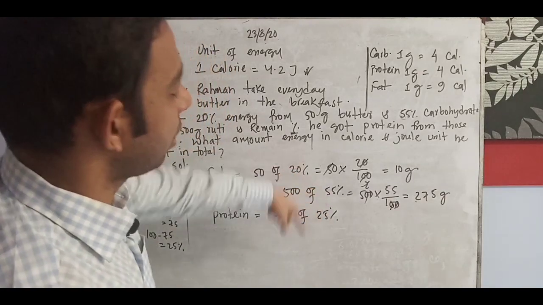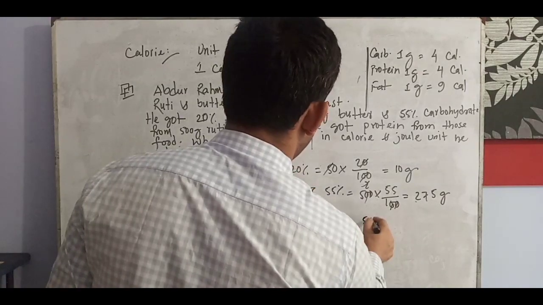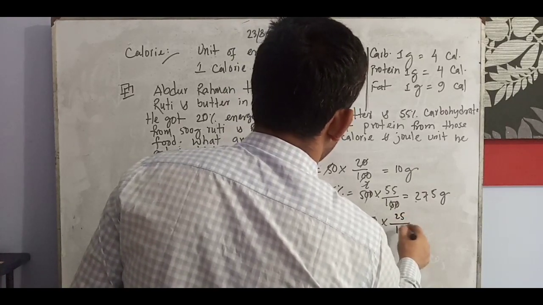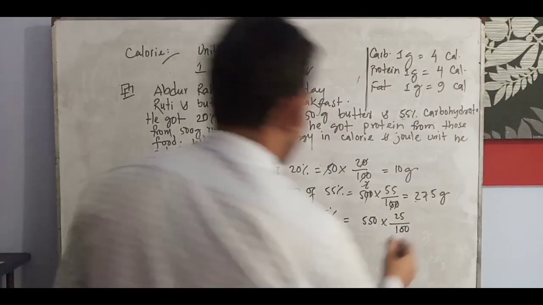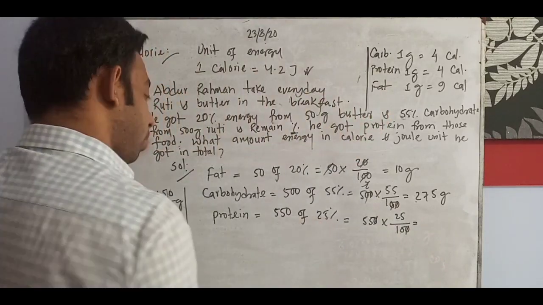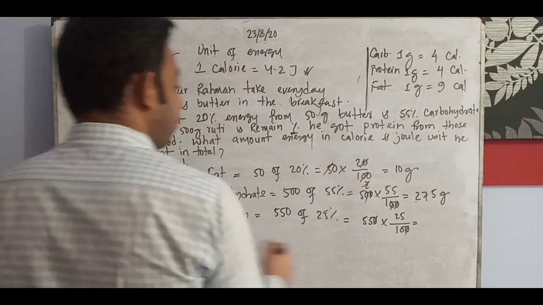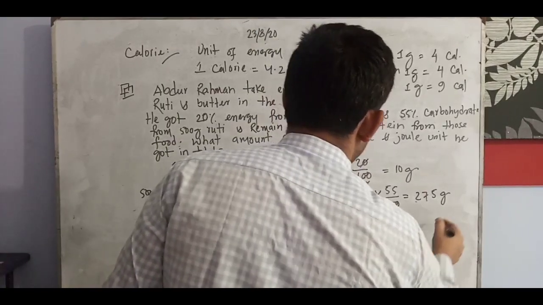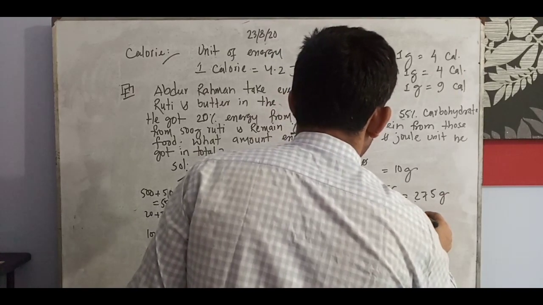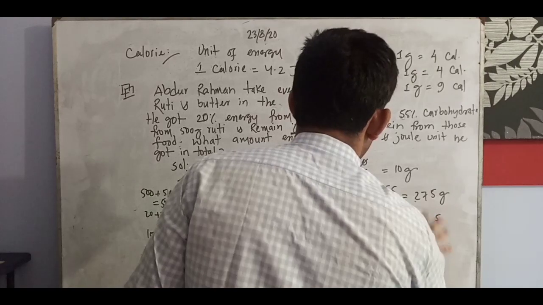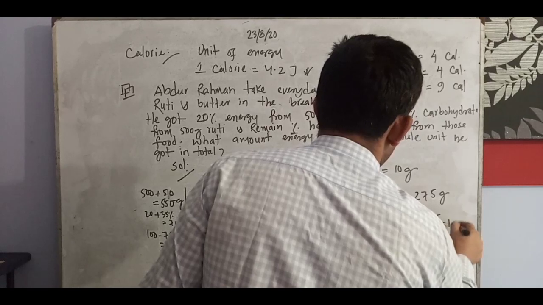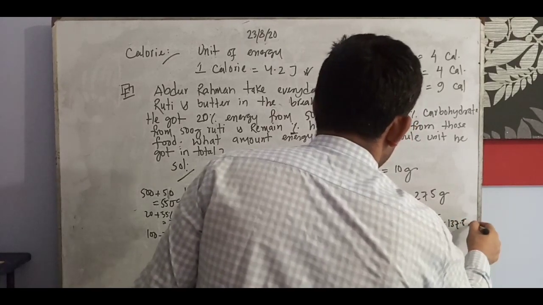So 550 into 25 divided by 100. If you have a calculator, you can do it quickly. 5 25s are 125, 5 left hand 12, 125 and 137, so 137 divided by 10 equals 137.5 gram.